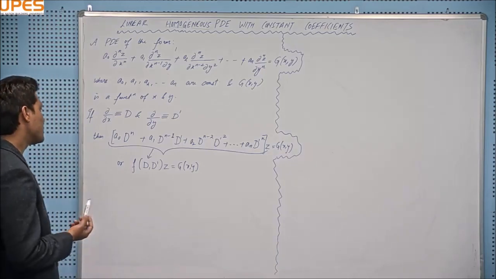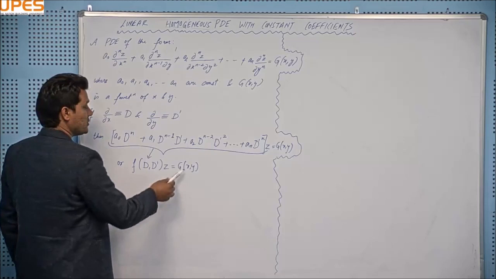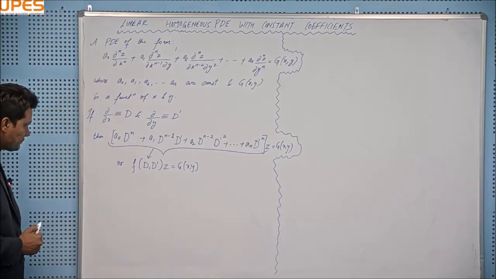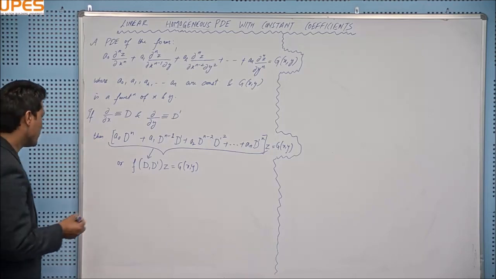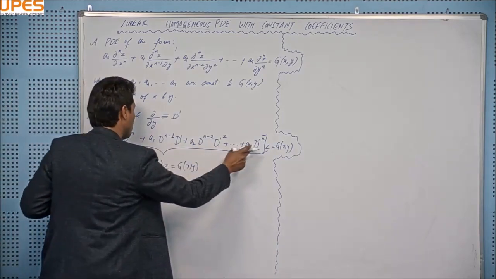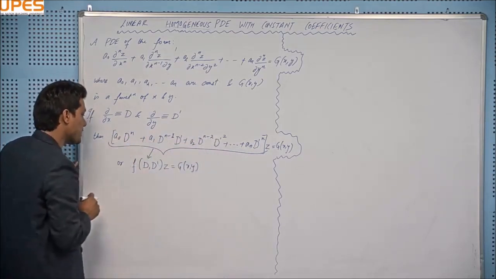This is a kind of function having z as an input and g x y as an output, right? So now we see that this is an operator in D and D dash.